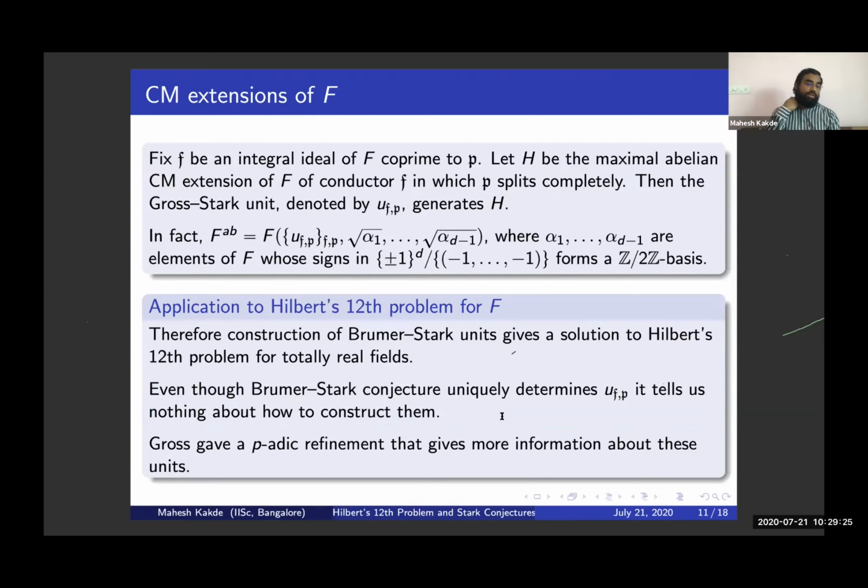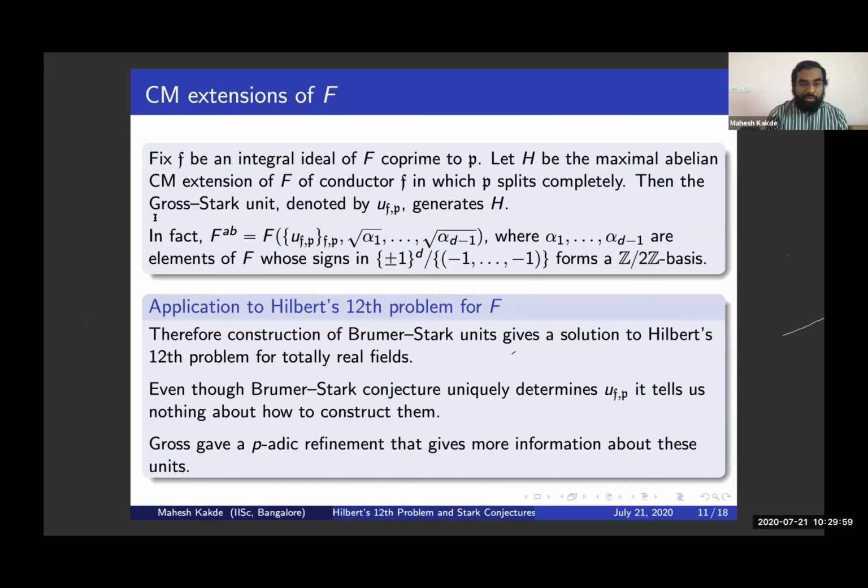So what's the application to Hilbert's 12th problem? Let me quickly say this. I take an integral ideal 𝔣 of my totally real field F, and I choose a prime p which is coprime to this integral ideal 𝔣, and I let H be the maximal abelian CM extension of F of conductor 𝔣, in which p splits completely.